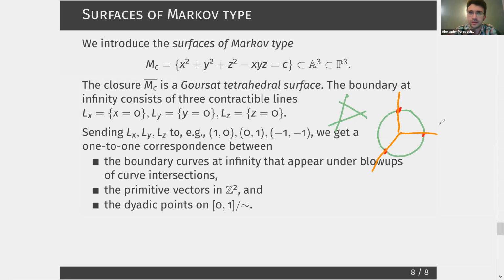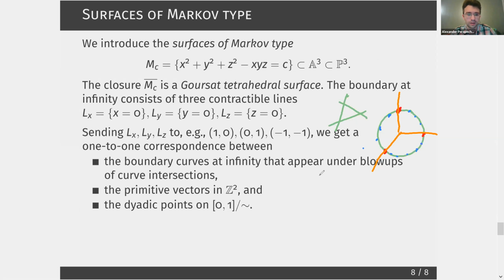So we again take all possible blow-ups. We get all primitive vectors, and we identify them somehow with the unit circle. And again, all 3 pictures coincide.